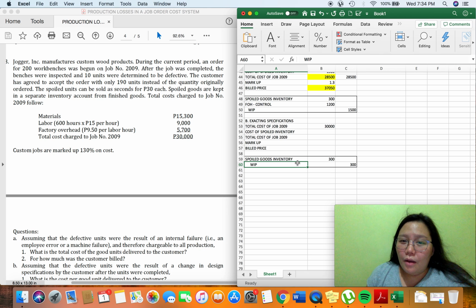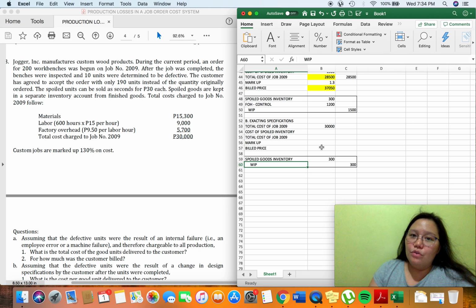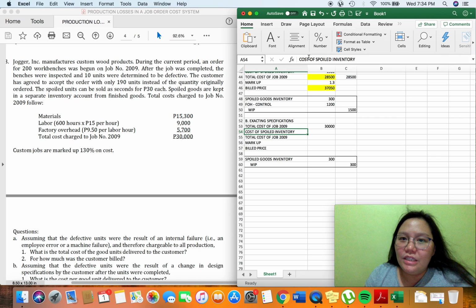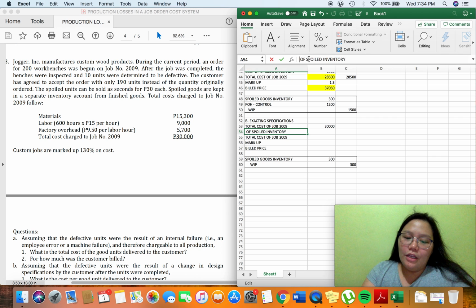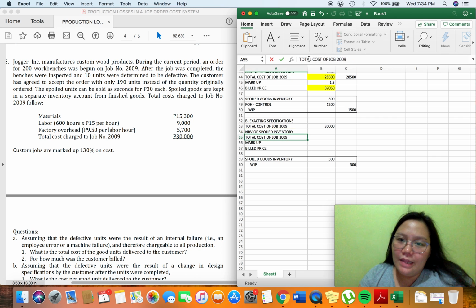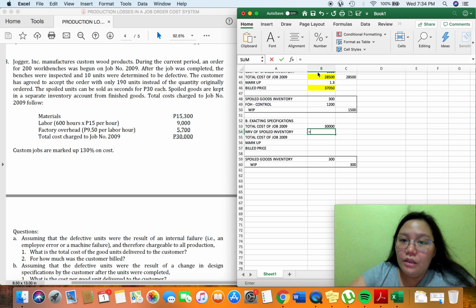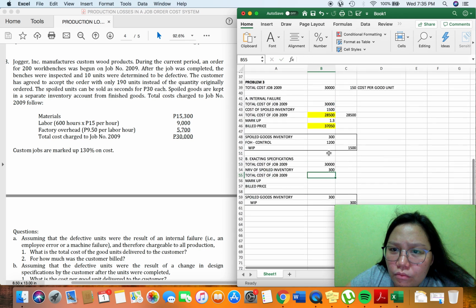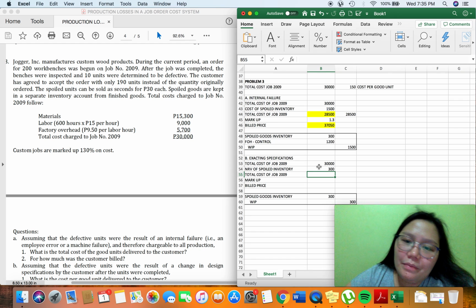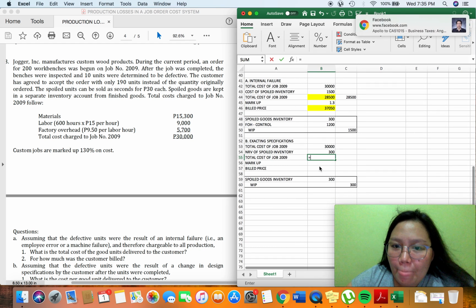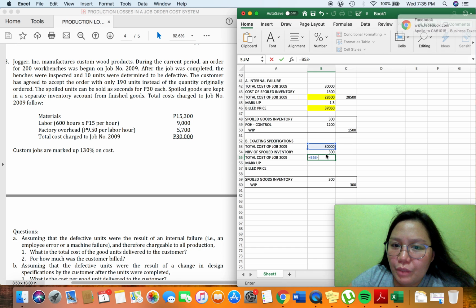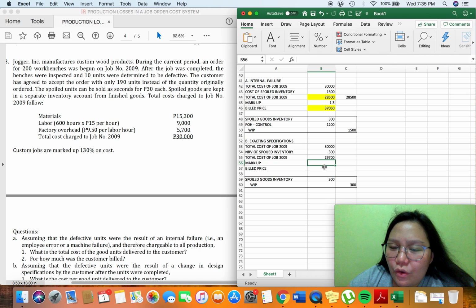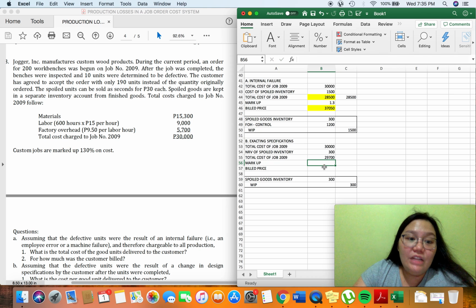So, by doing that, di ba? Dito, palitan natin ito kasi hindi mo nga tinanggal yung cost. Ang tinanggal natin, NRV. So, we have 300. Tama naman, binawas ko kanina. So, the total cost of job 2009 after removing the NRV of the spoiled goods inventory is now at 29,700.